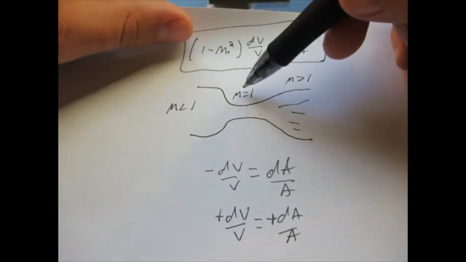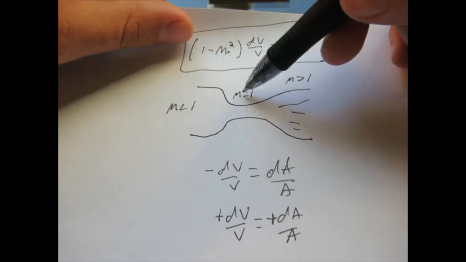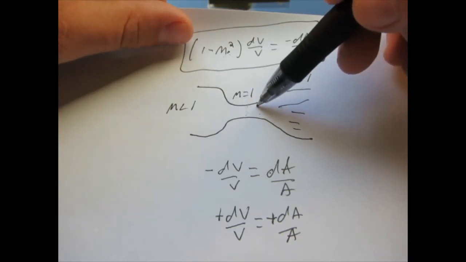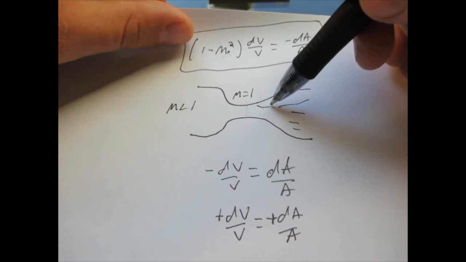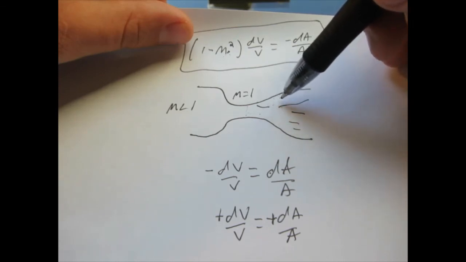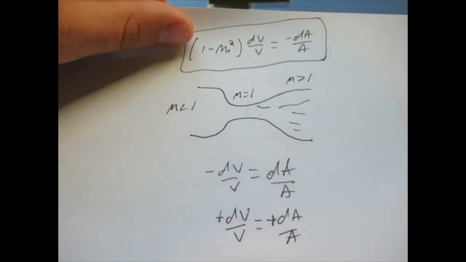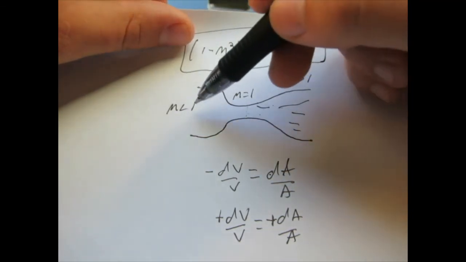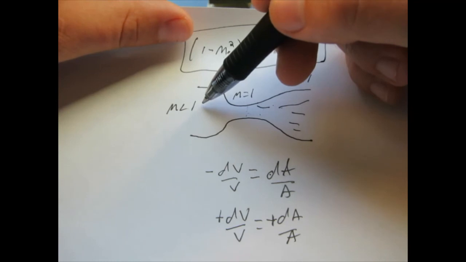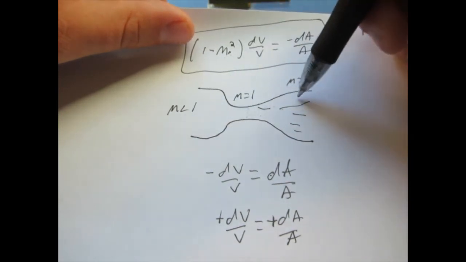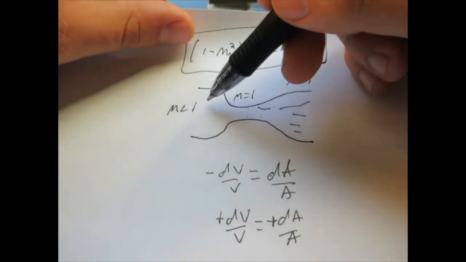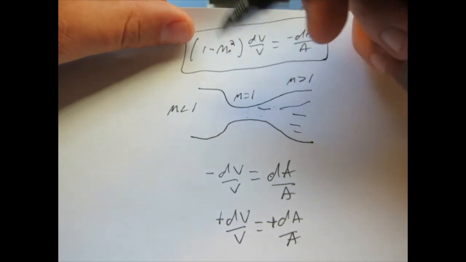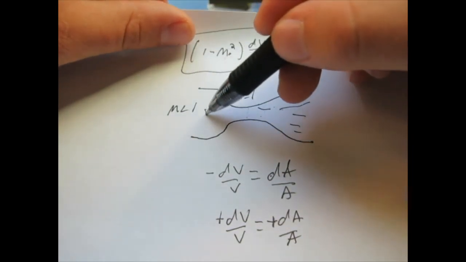So if it's compressible flow with Mach number greater than 1, as it gets out here, the density is decreasing and the area is increasing. To conserve our mass flow rate, because back here we have very high pressure and high temperature, the density is going to be high.